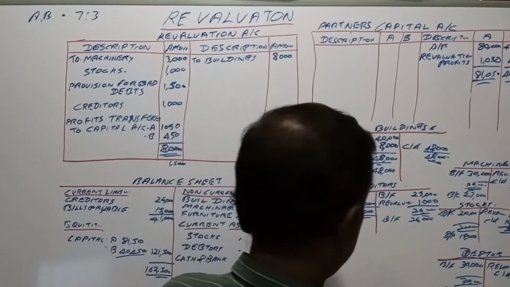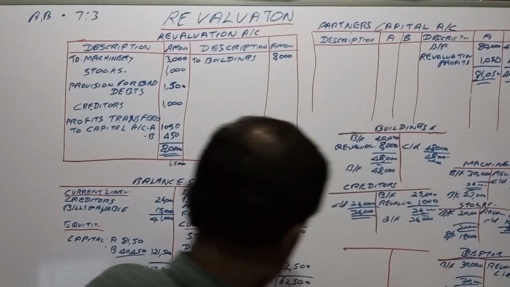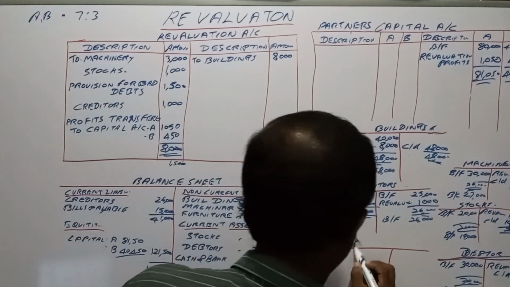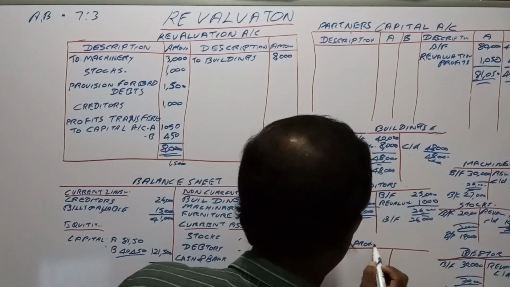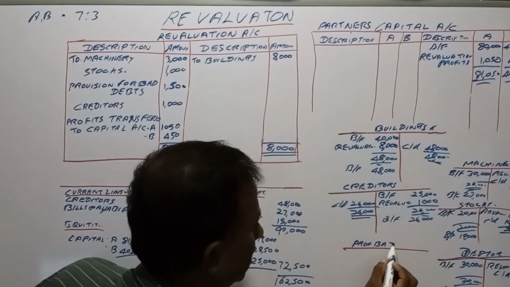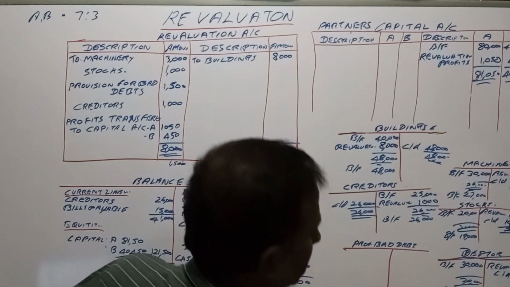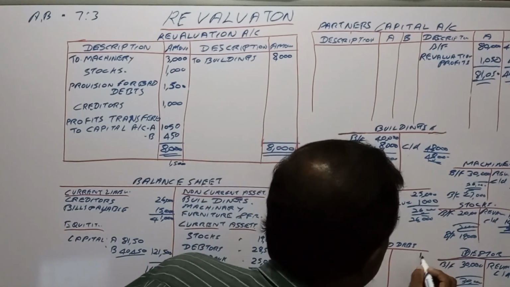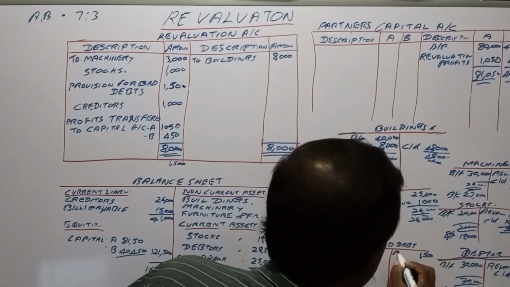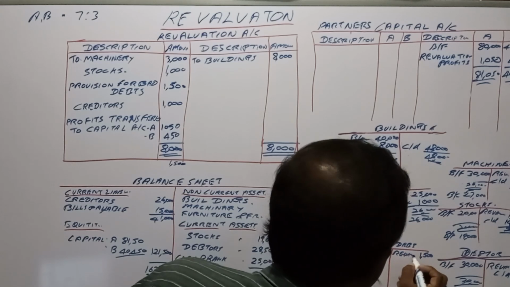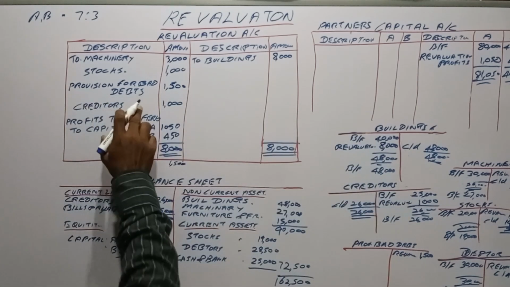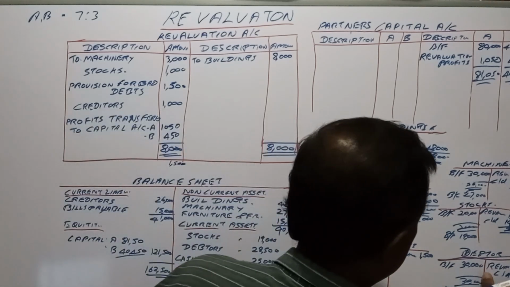So debtors 30,000, provision for bad debts 1,500, revaluation.